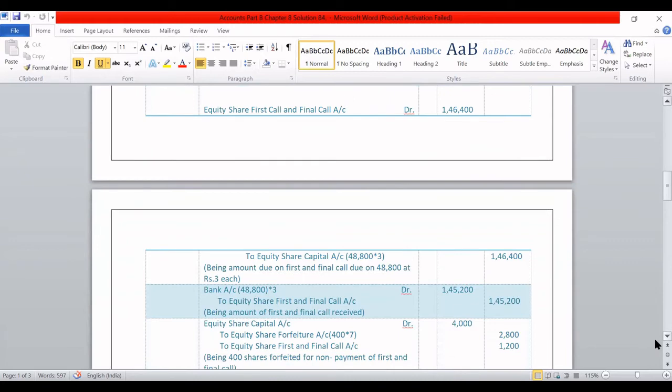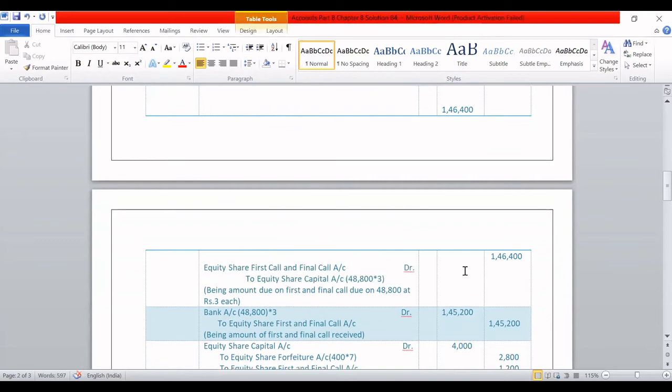Next is the equity share. So now it is time for the first call and the final call. The equity share first call and final call account debit 1,46,400.